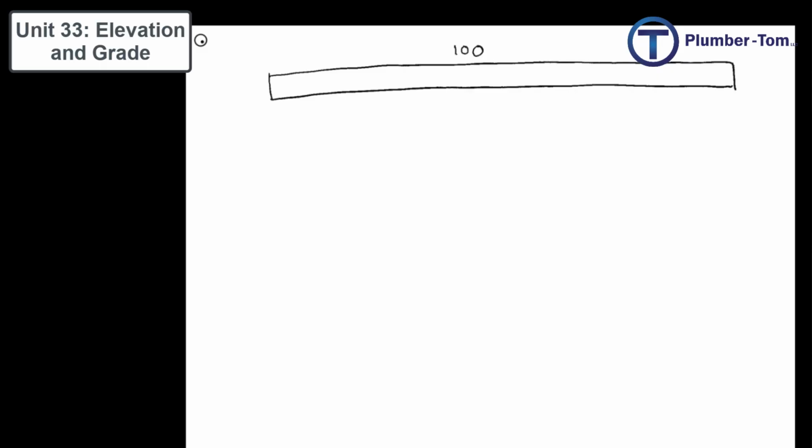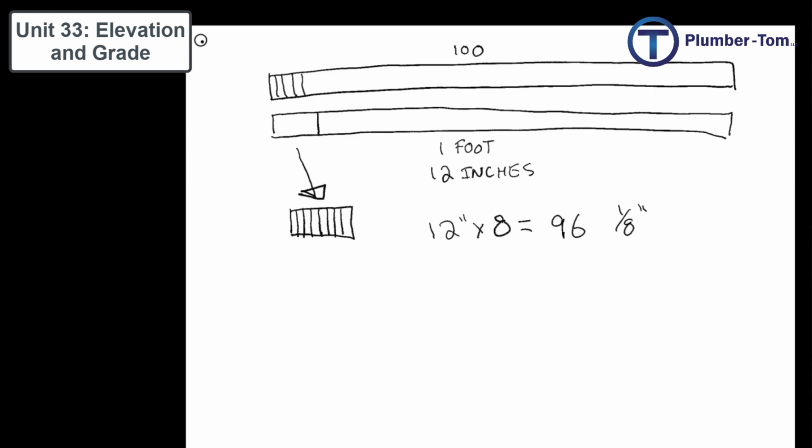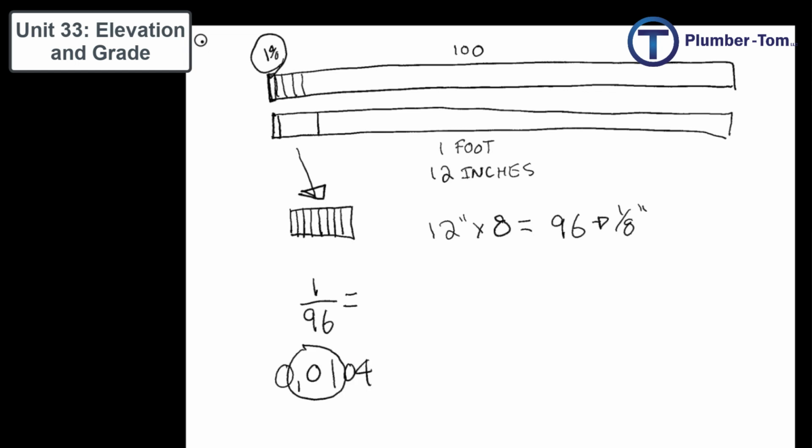Because we're using that as our measurements, we're going to convert to the nearest eighth of an inch. I demonstrated in Unit 32 how an eighth of an inch is very close to 1/100th of a foot. If we cut a foot into 100 pieces, that's very close to a foot cut into eighths of an inch, because as you recall, there are 96 eighths of an inch in a foot.